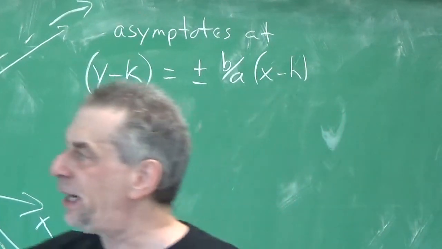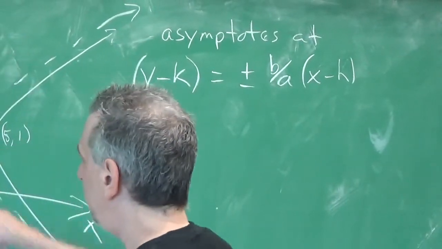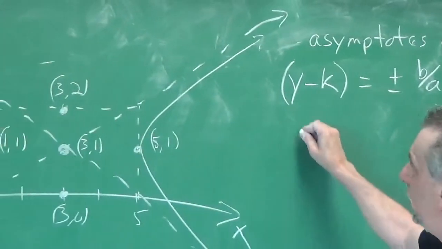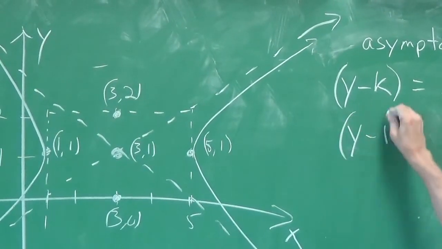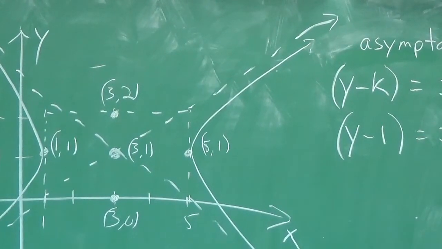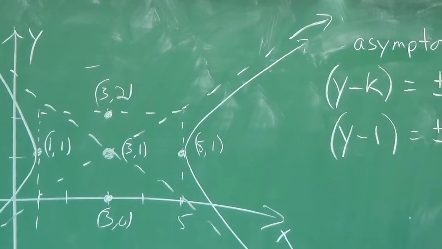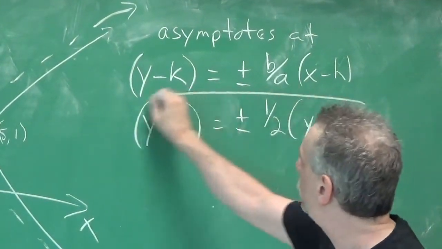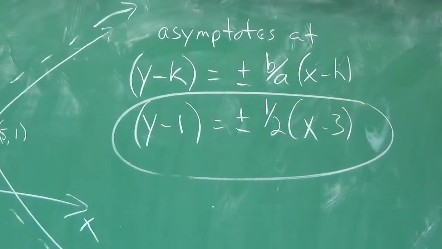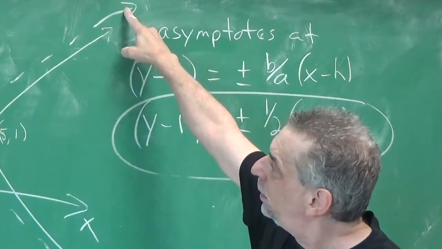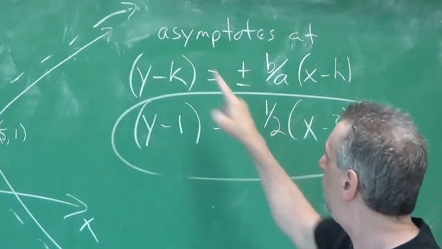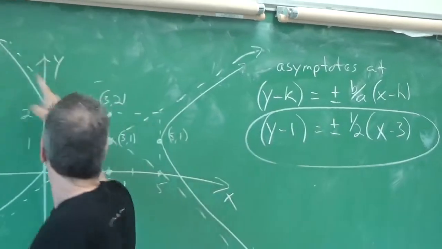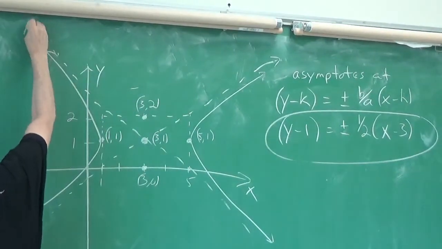So we know our h, k was 3, 1, the center. So y minus 1 equals plus and minus b over a times x minus h. That's where the asymptotes are going to be. So plus is this one, the positive slope, and the negative is this one, the negative slope.